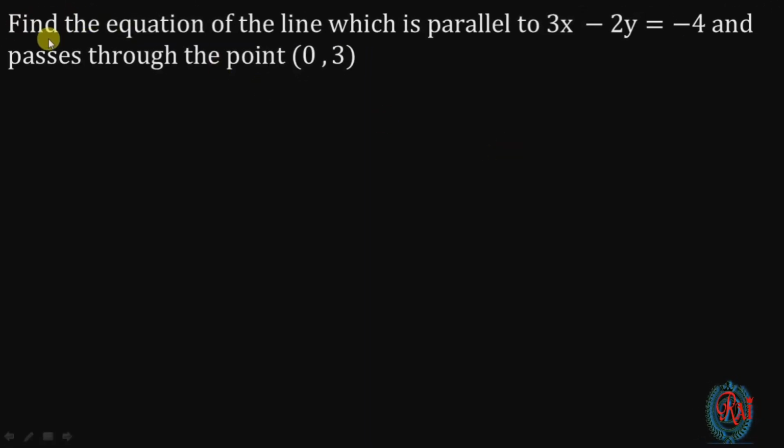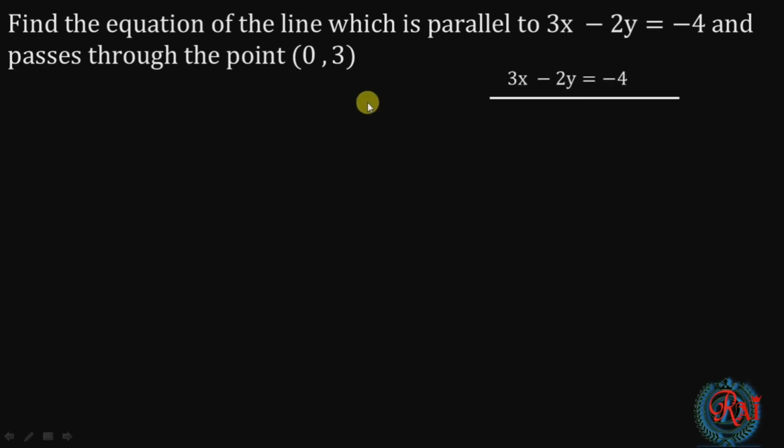Next, find the equation of a line which is parallel to 3x minus 2y is equal to minus 4 and passes through the point (0, 3). This type of question is very important for your ICSE examination. Let me explain this question with the help of a diagram. So let us consider a straight line whose equation is 3x minus 2y is equal to minus 4.